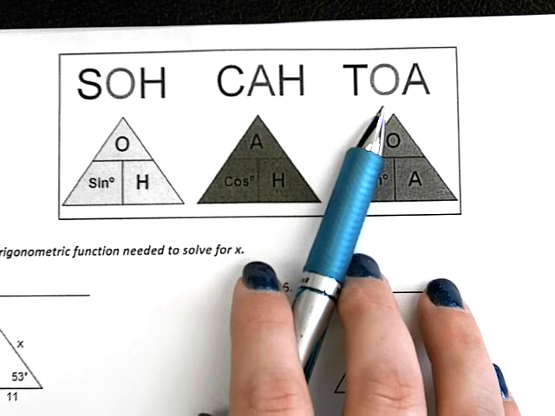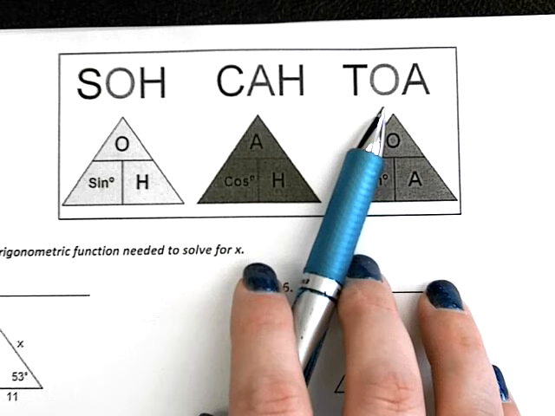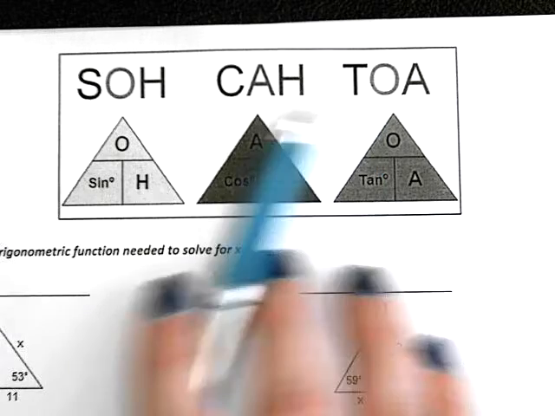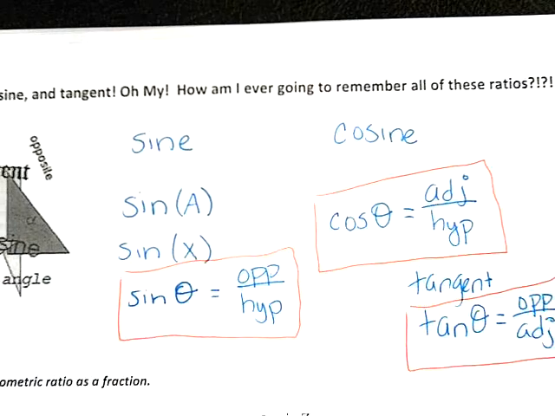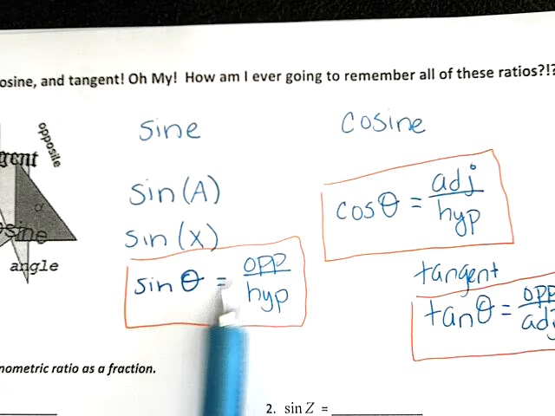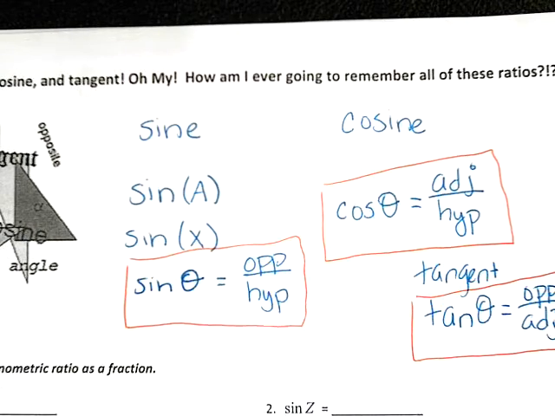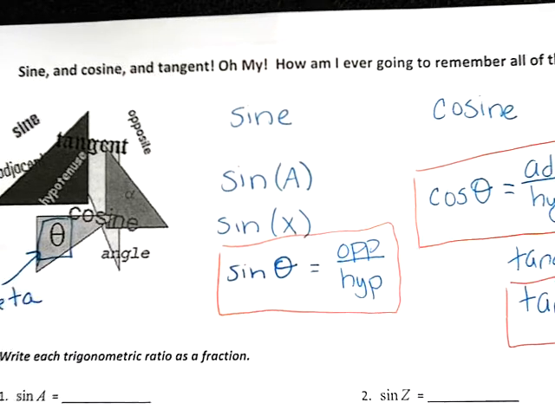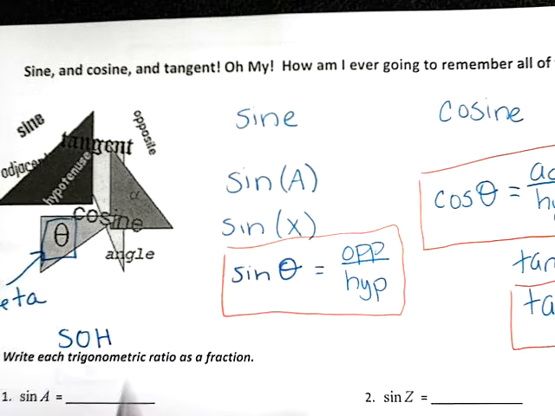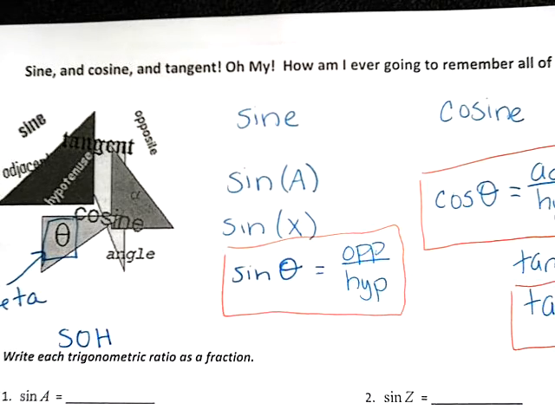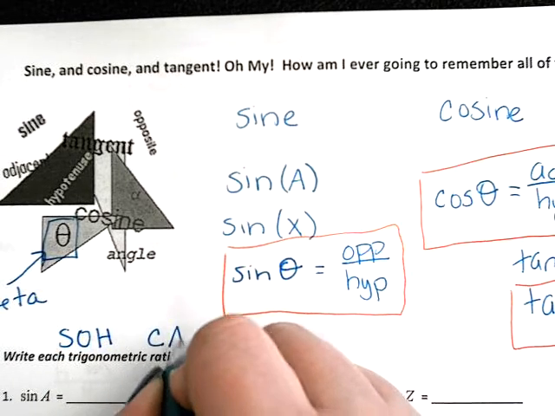That's a way to help us remember which sides the ratios use. So, S-O-H, well, we said that sine is equal to opposite over hypotenuse. So that's the first part of our memory trick. So sine is opposite over hypotenuse. Then the next part is CAH, C-A-H.